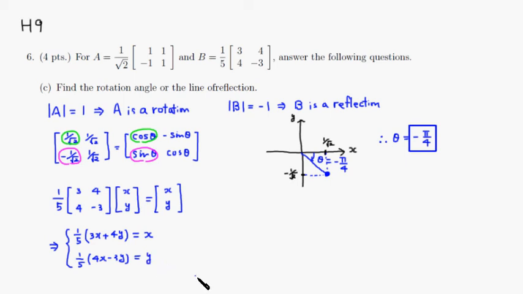Then you can just simplify the top equation. The second equation is going to be exactly the same as the top one. So why don't you just simplify that? The equation you get is the line of reflection. All right, that's it. I hope that this will get you going.